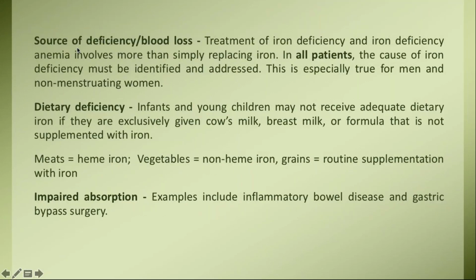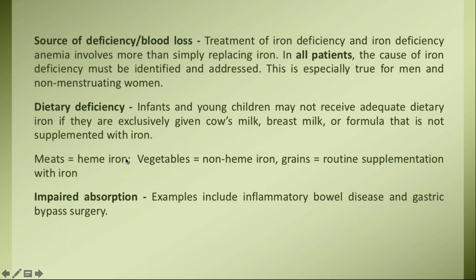So you've got a source of iron deficiencies, right? You're most concerned if the patient is a non-menstruating woman or a man. If there's some iron deficiency there, you really want to be concerned. Dietary deficiencies, kids that are solely breastfed on milk.